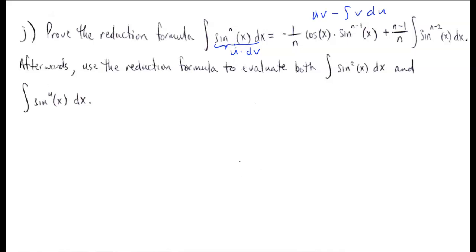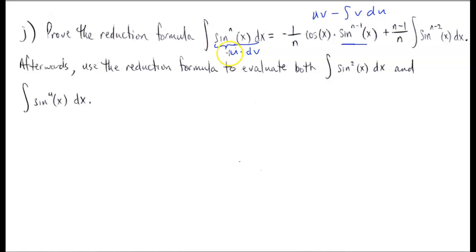I notice here that for this first term, I have a sine raised to the n minus 1, and I have cosine here, okay? So what that's telling me is that sine raised to the n minus 1 of x is going to be either u or v here, okay?